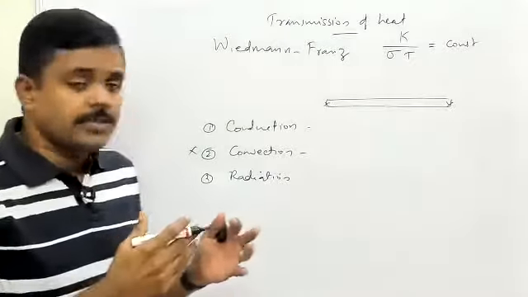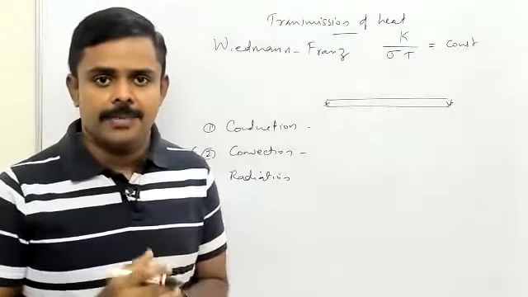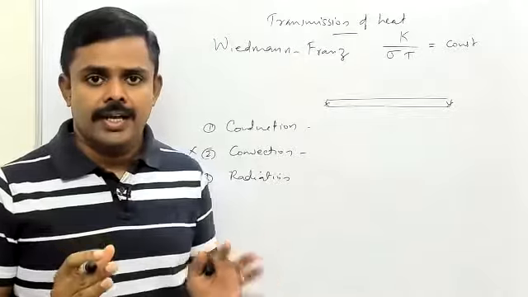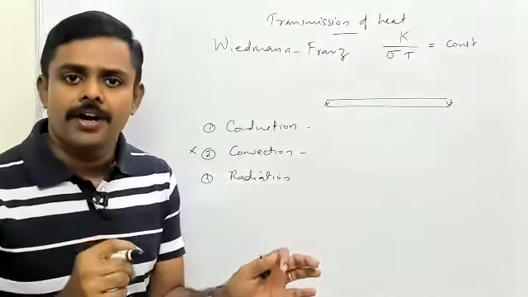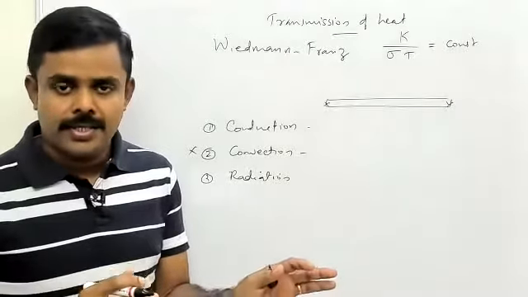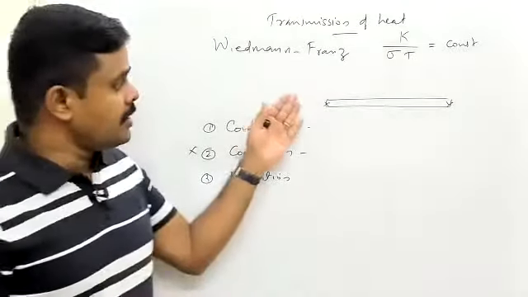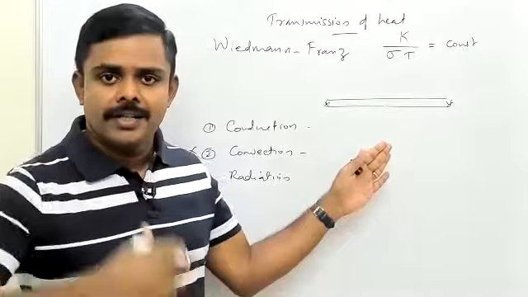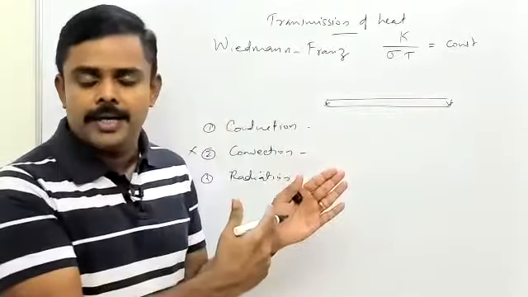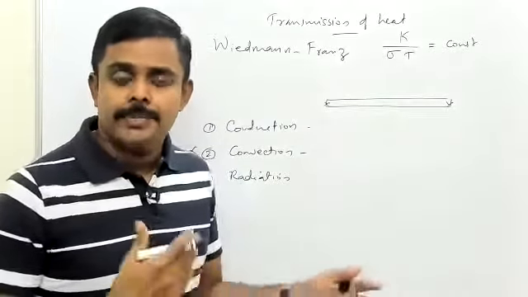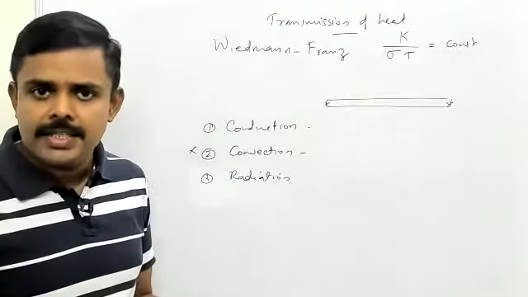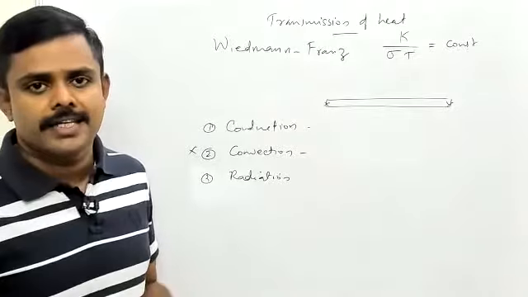I was trying to compare electrical conductivity with thermal conductivity. Electricity is being conducted on a conductor by way of electrons. Similarly, in the case of heat conduction, the heat is being transported by electrons. That is why metals are good conductors of heat. Just like metals are good conductors of electricity, they are good conductors of heat as well.